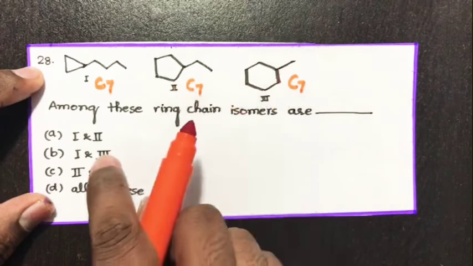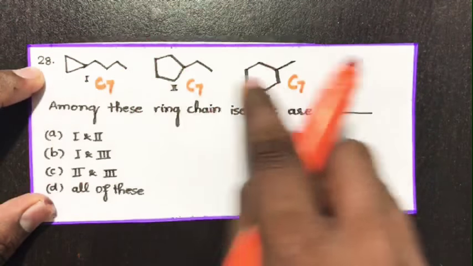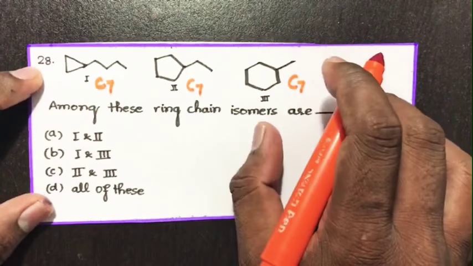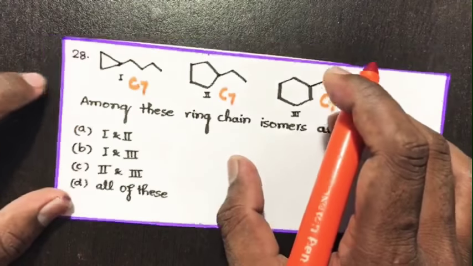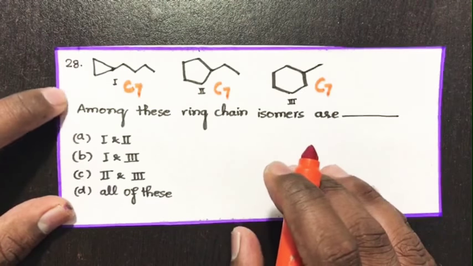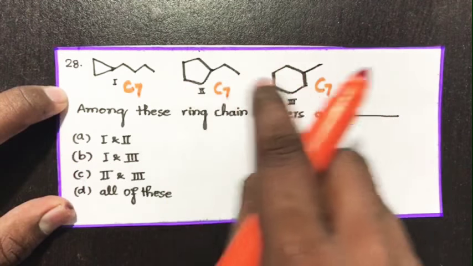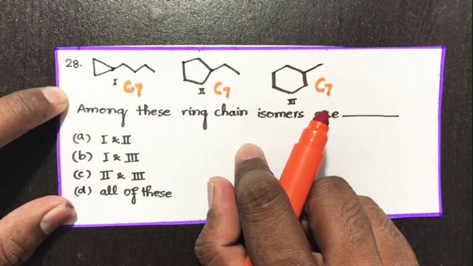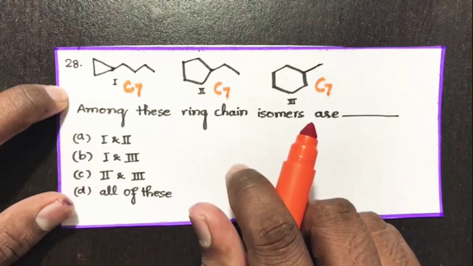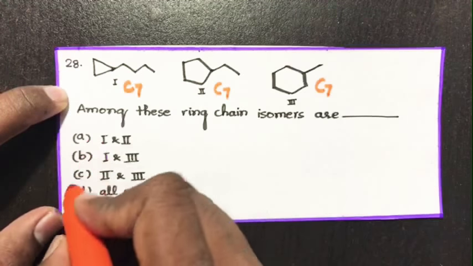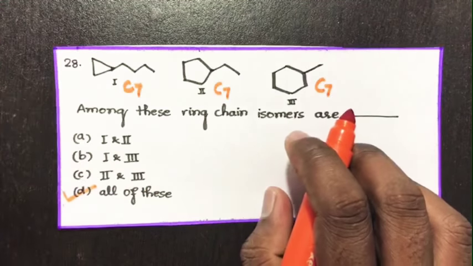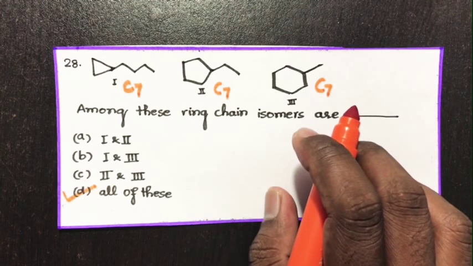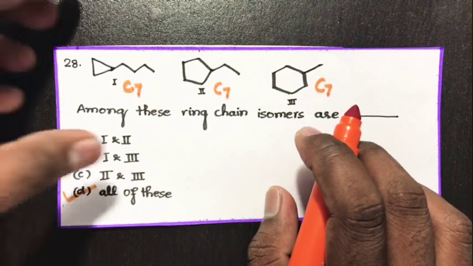Again 1 and 3, similar to this one, the ring sizes are different and they have the same molecular formula, so again both will be ring chain isomers. 2 and 3, again they have a different number of carbon atoms in their ring, so the ring size is different, so again they will be ring chain isomers. So in fact all of these are related as ring chain isomers.